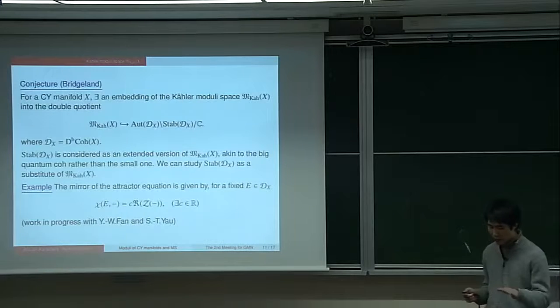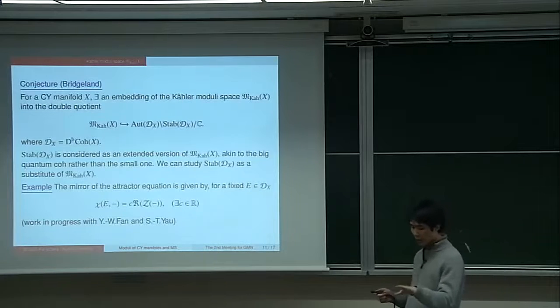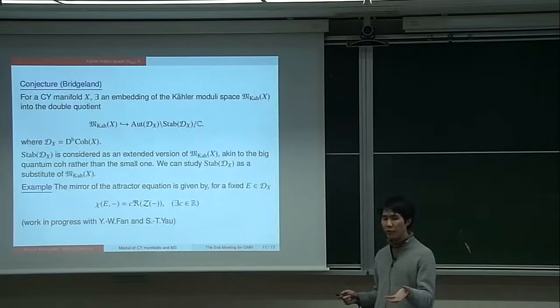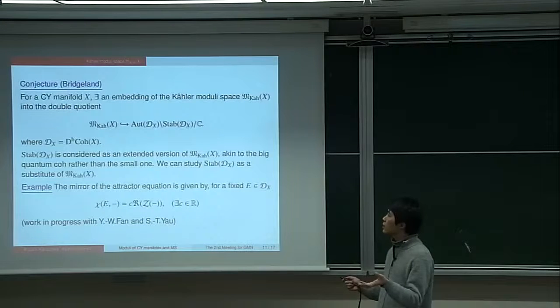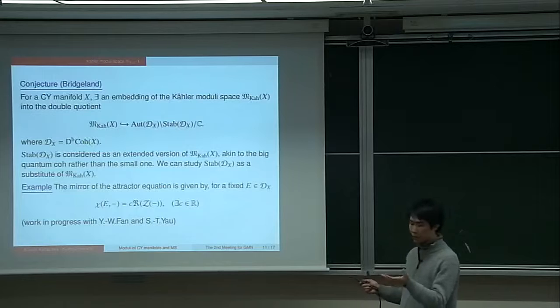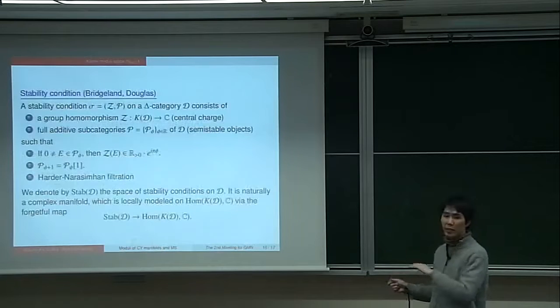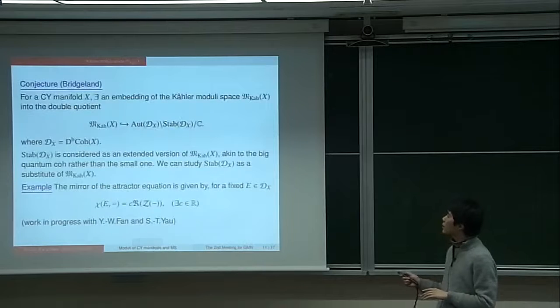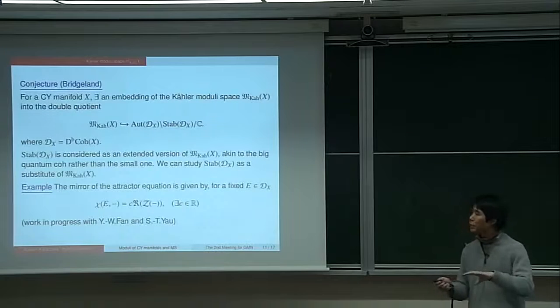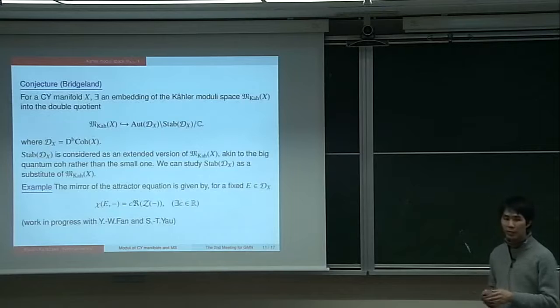So basically there are two steps. Given a Calabi-Yau manifold X, you consider a category of vector bundles over X, and using that recipe, you construct a complex manifold. And that complex manifold gives an ambient space over the Kähler moduli space.